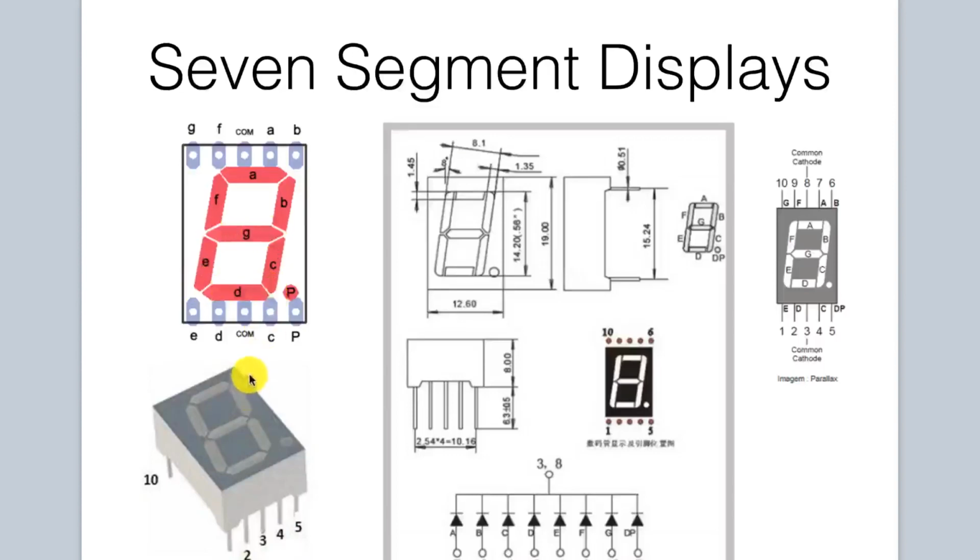So this would mean that we would need to apply 5 volts or high voltage signal to pin 7, which would correspond to segment A, pin 6, which would correspond to segment B, pin 10, which would correspond to segment G, pin 1, which would correspond to segment E, and finally pin 2, which would correspond to segment D.